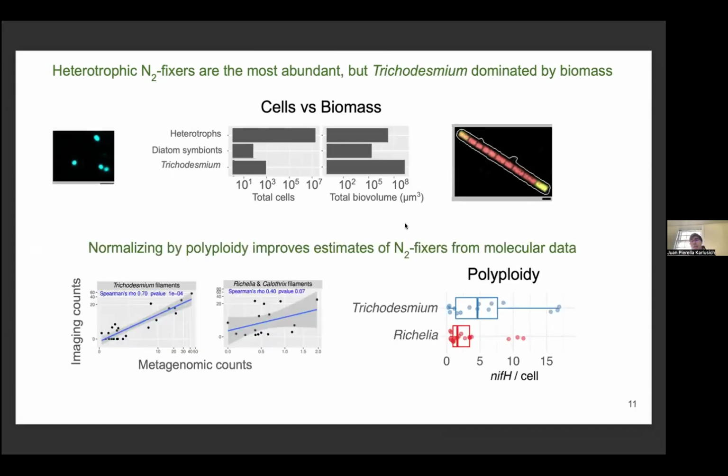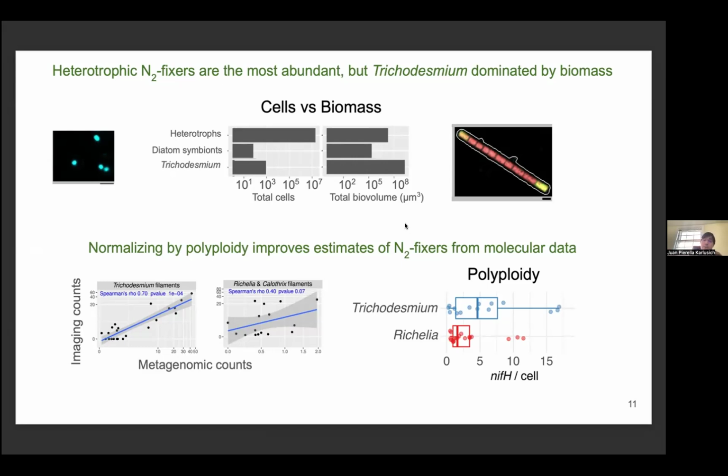And also the integration between DNA and imaging allow us to deal with certain technical problems. For example, the intercalibration between the signal from the metagenomes and the imaging. And this intercalibration allow us to quantify polyploidy, the number of genomes that a cell has.